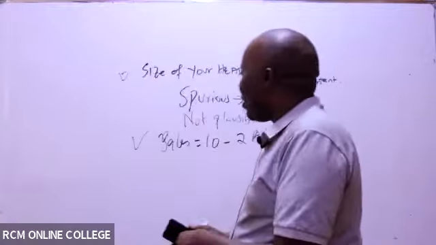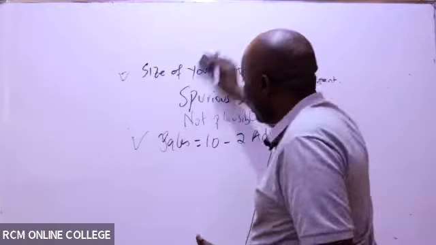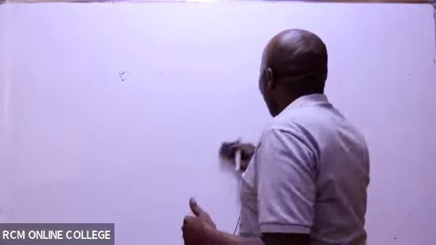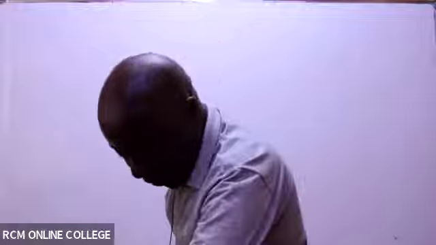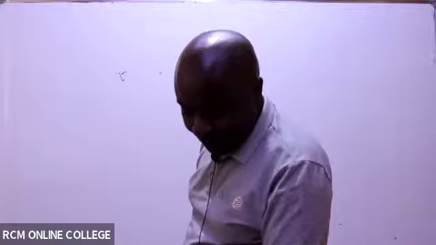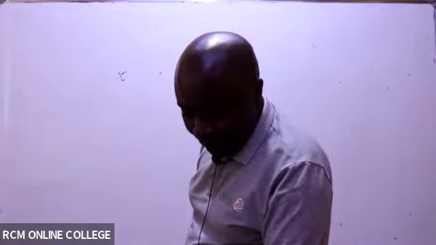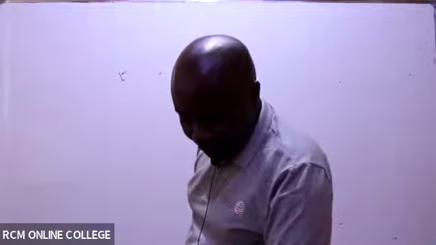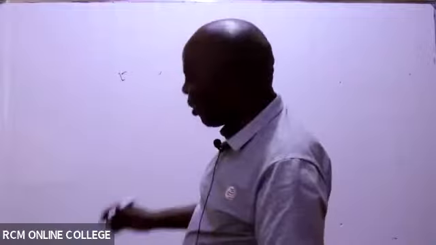How about our variables in the equation? Remember, our model looks like this. Our model, if you remember very well, is about repair cost. Is it repair cost? Total repair cost, yeah.